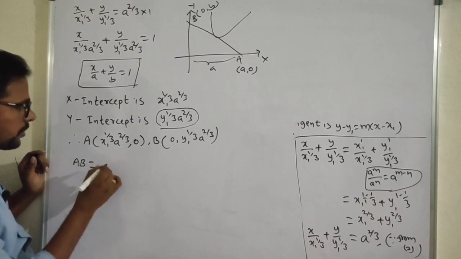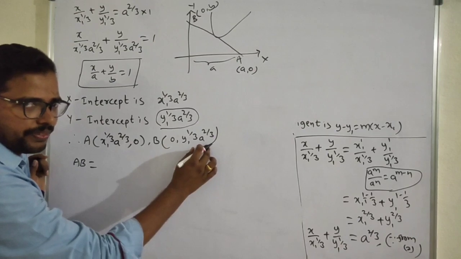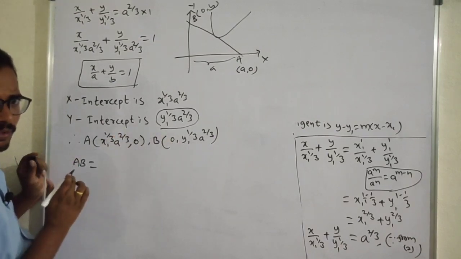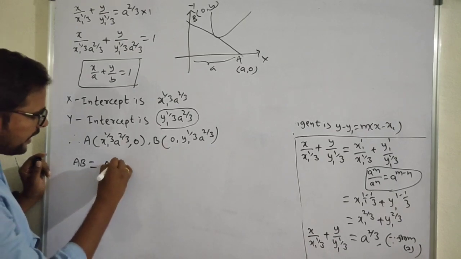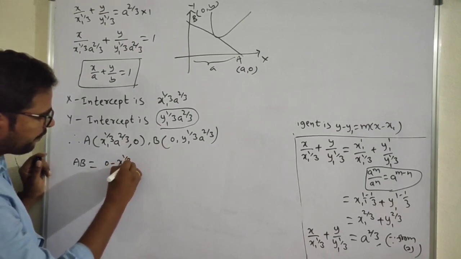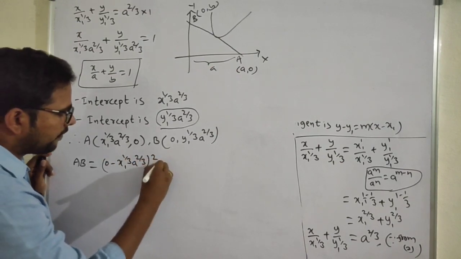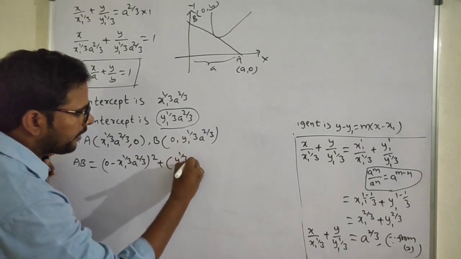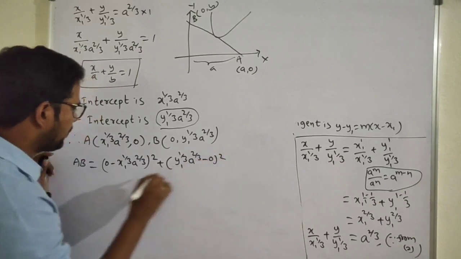AB is equal to, take these as (x1, y1) and (x2, y2): the square root of (x2 minus x1) whole square plus (y2 minus y1) whole square. So x2 is 0, so 0 minus x1 power 1 by 3 a power 2 by 3 whole square plus y2 minus y1, that is y1 power 1 by 3 a power 2 by 3 minus 0 whole square, under root.